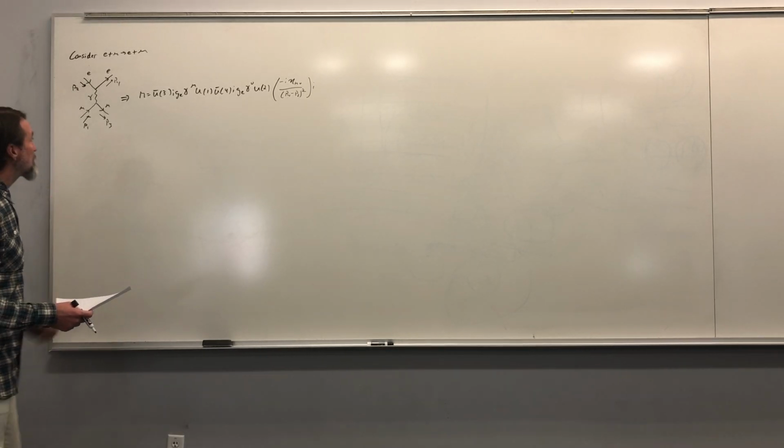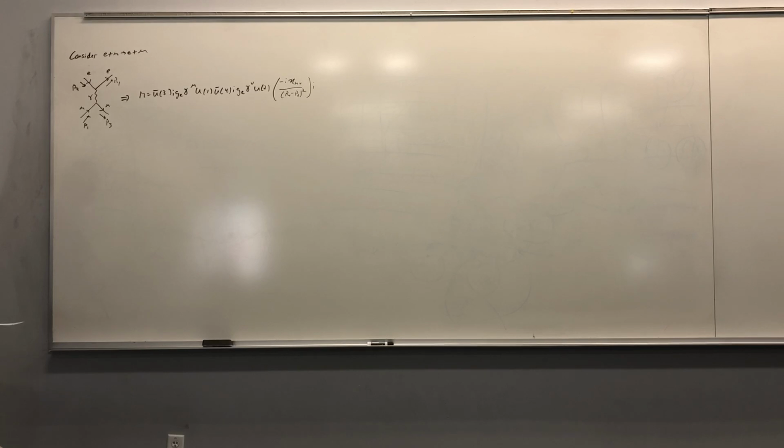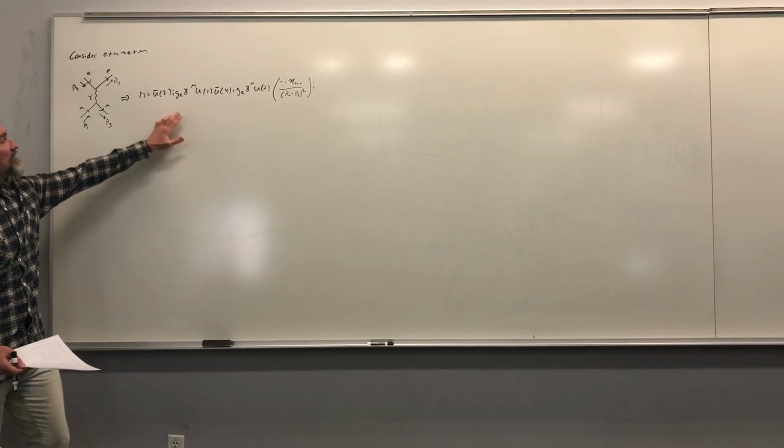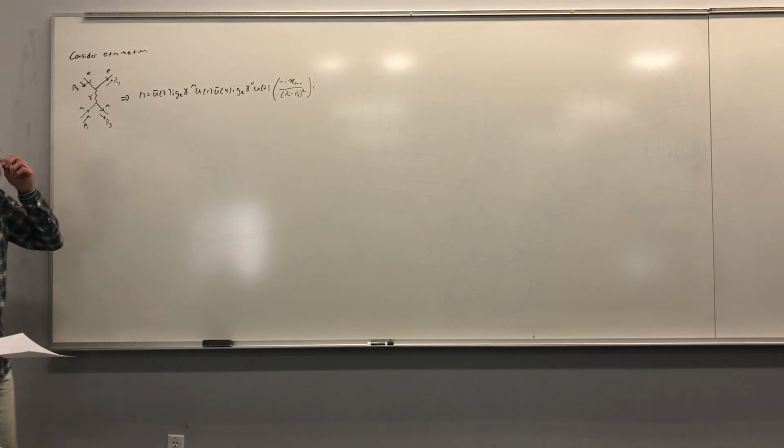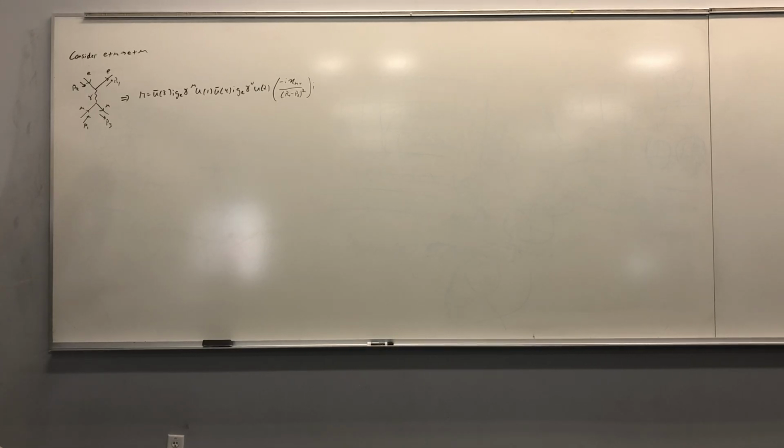Now, in case you don't remember, the polarizations of the u's and the u bars, those are something we're going to average over for the incoming and sum over for the outgoing. I said this wrong last time, and Ross fortunately corrected me after class.